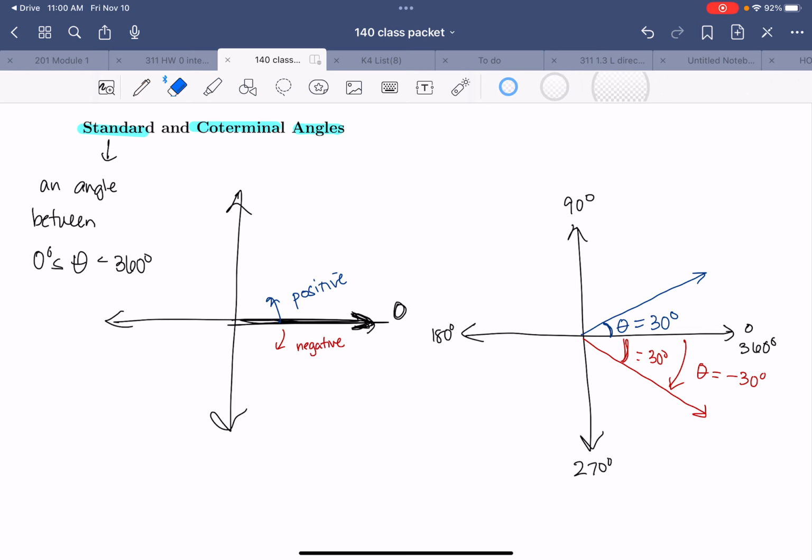And the reason is this, because we want to talk about coterminal angles. Coterminal angles are angles for which you are located in the same position on your X and Y axis, but the number of times you go around or which direction you go will change your angle measure.